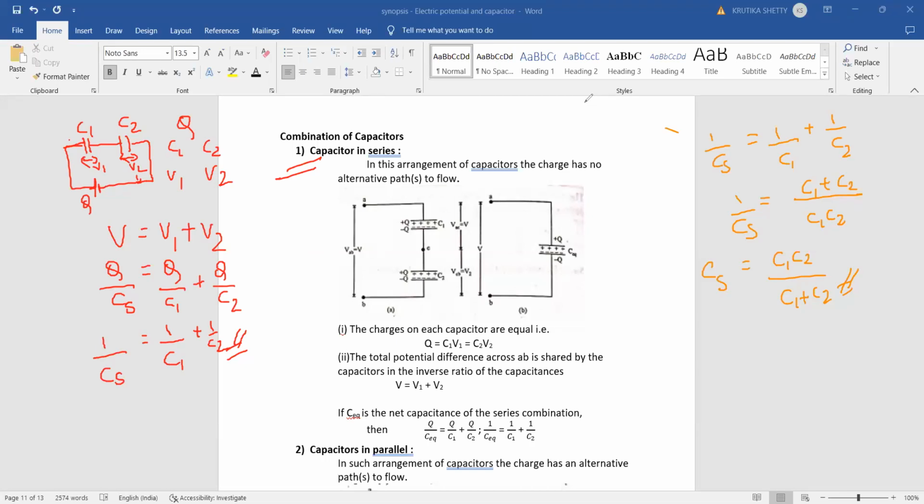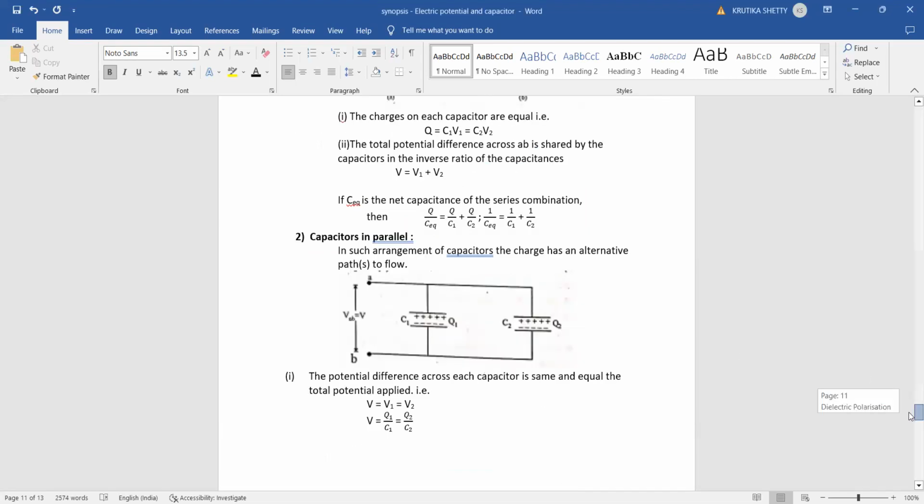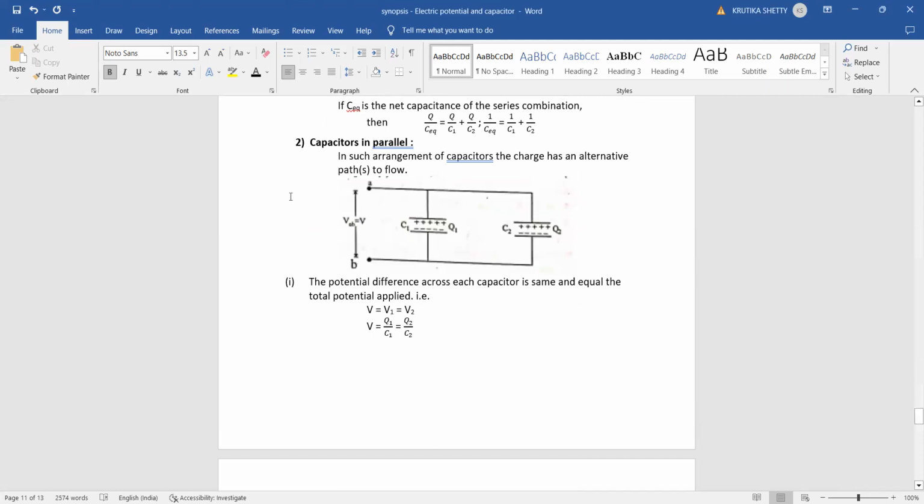I'll go for capacitors in the parallel connection now. If anybody wants me to repeat anything, you can ask. Yes, now the capacitors are connected in the parallel. You can see two capacitors in parallel connection. This is connected to the common end.